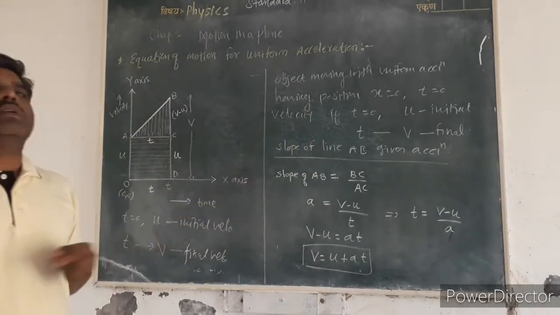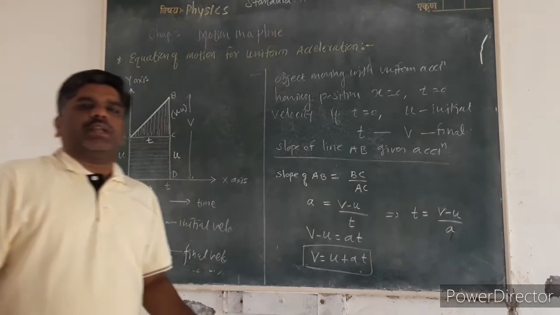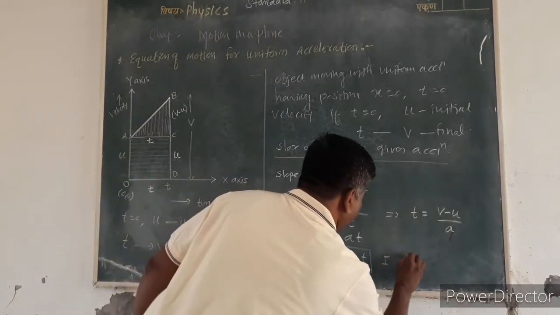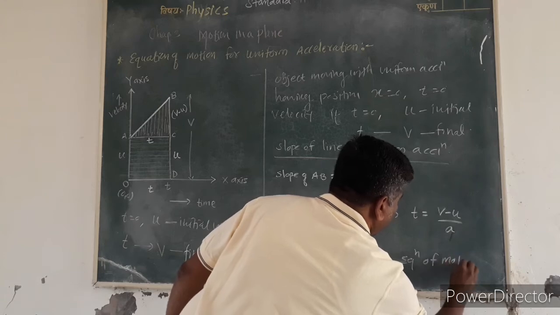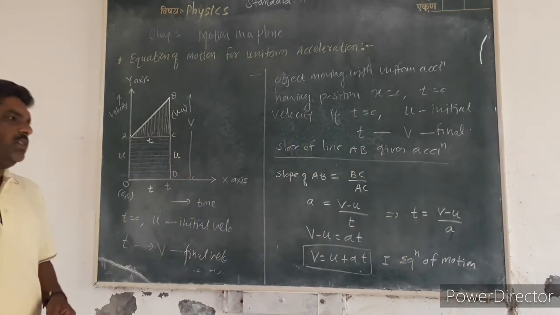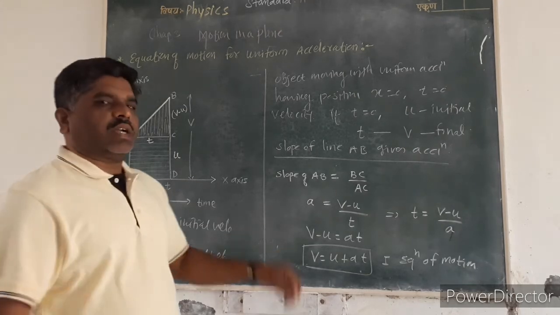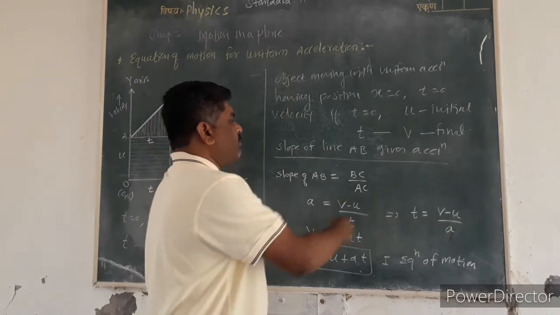This is a different form of the first kinematical equation. v is equal to u plus at is called the first equation of motion, also called the first kinematical equation.